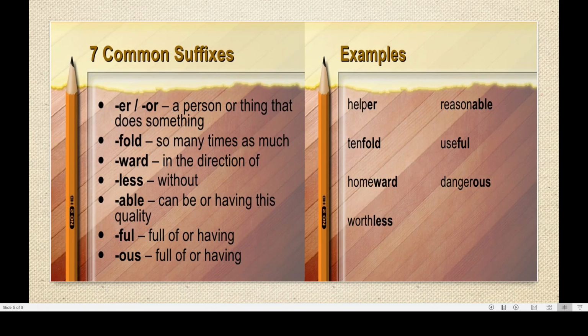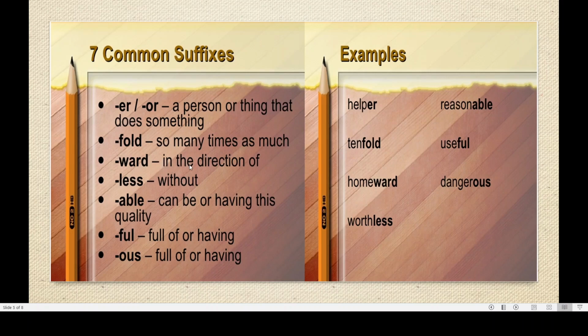Here is a list of suffixes. ER or OR, when we use these letters, conveys the meaning a person or thing that does something, for example, helper. Fold means so many times as much, for example, tenfold.